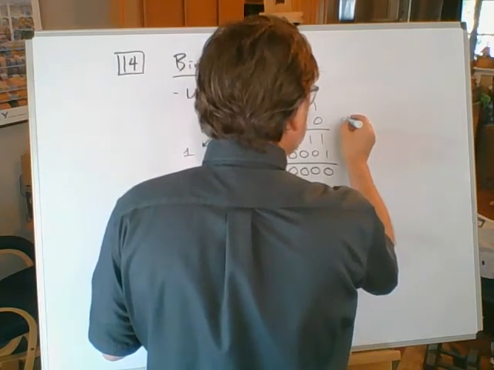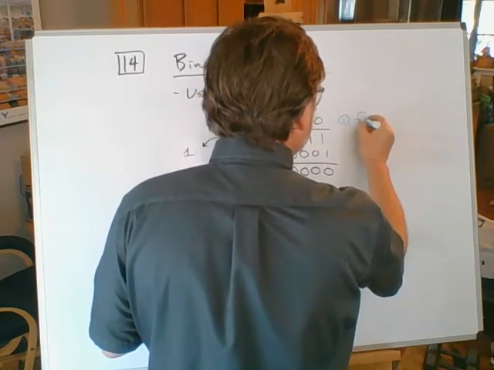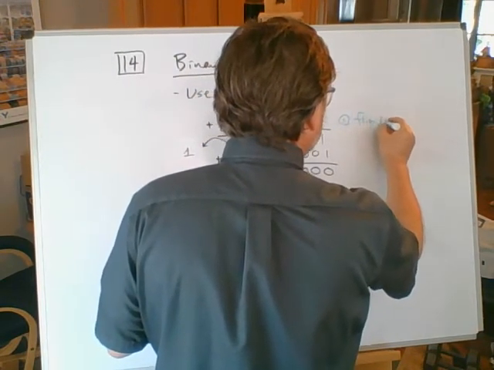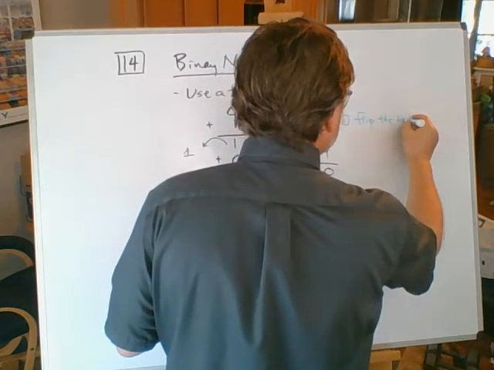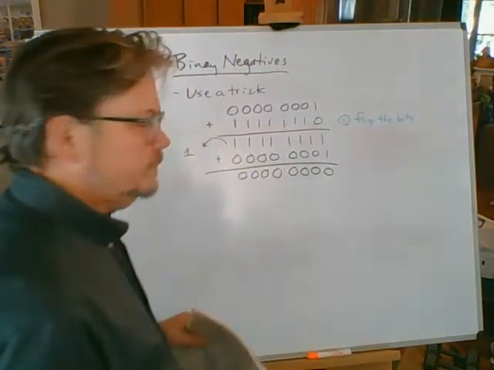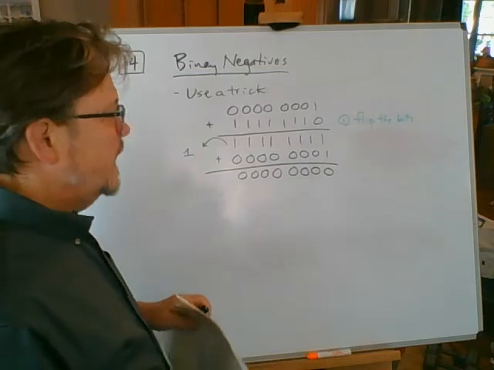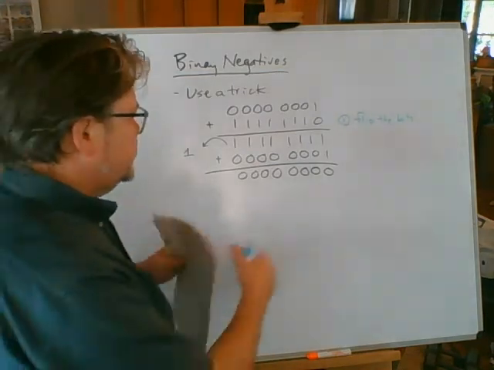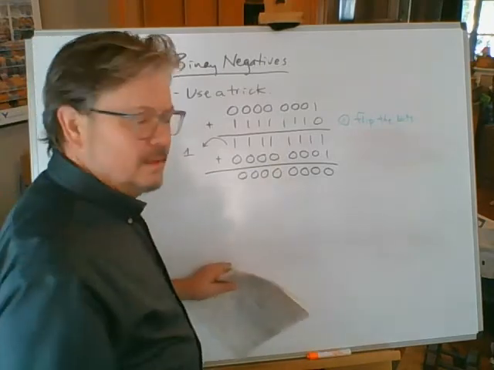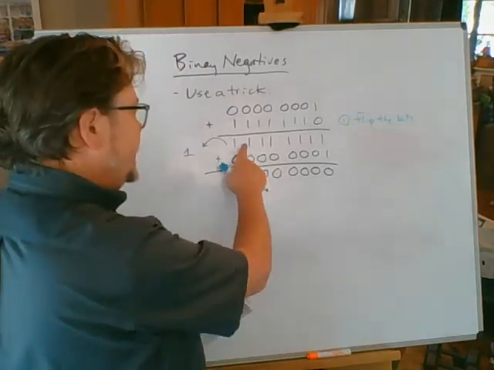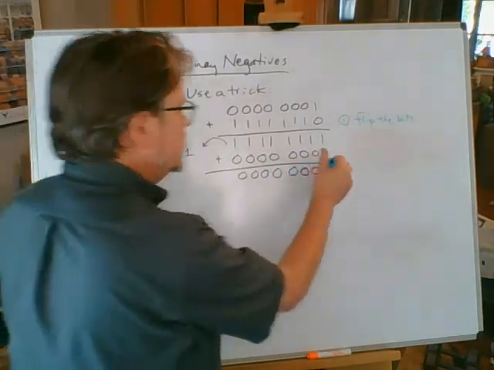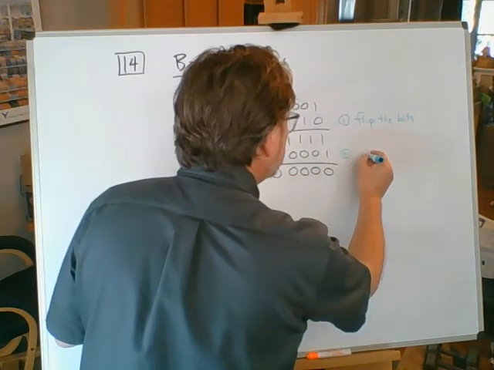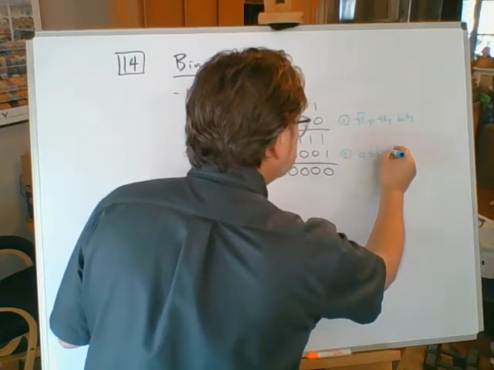I'm going to call that stage 1. Flip the bits. That didn't bring me all the way around to 0. Actually, it looked like it took me much, much further away. Solid 1s. But if I have solid 1s, stage 2: add 1.